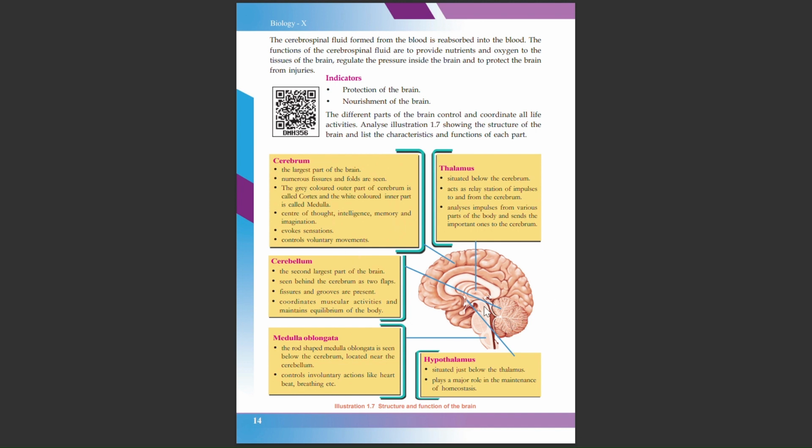For each part, first you have to write if it is the largest or not, second where it is seen, and then the importance. What it does is control involuntary actions like heartbeat and breathing.